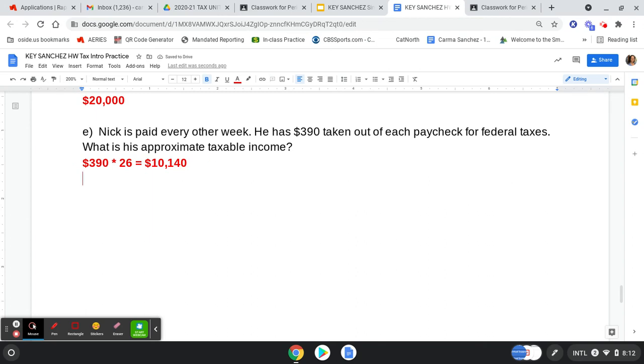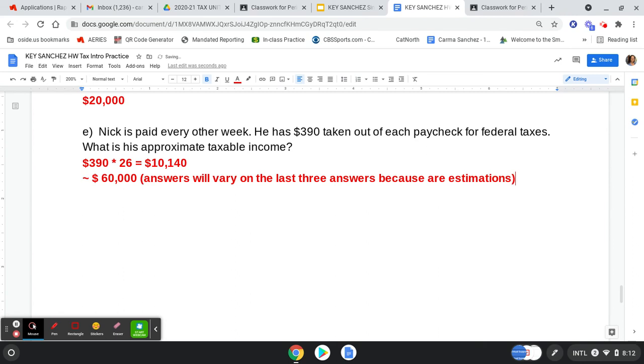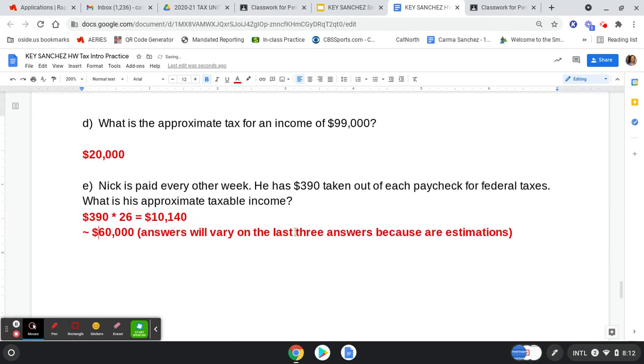And I'm going to put a little approximation. And again, I'm going to put a little note here that answers will vary on the last three answers because they are estimations. So if you got a slightly different answer, totally fine, because we're just estimating off of the graph.